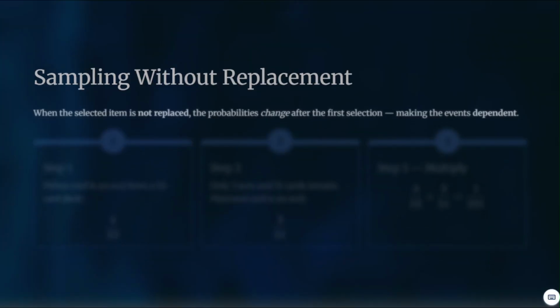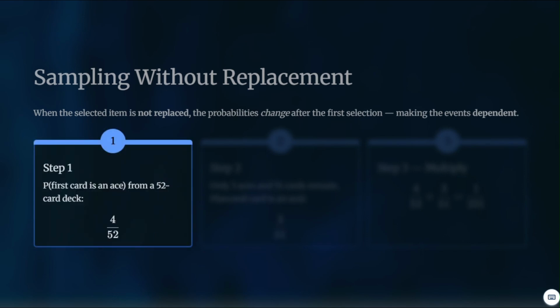Now, when the selected item is not replaced, this is what we call sampling without replacement. In this case, the probabilities change after the first selection, making the events dependent. For instance, if we want to find the probability of getting 2 aces from a deck of cards, and we're sampling without replacement, the probability that the first card is an ace from a 52 card deck will be 4 over 52.